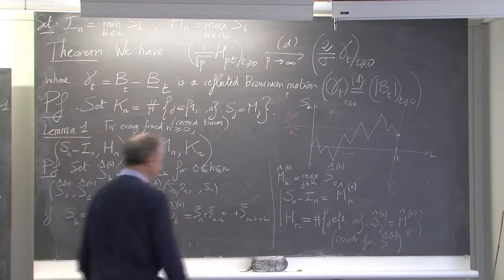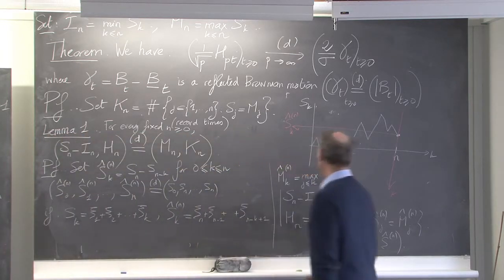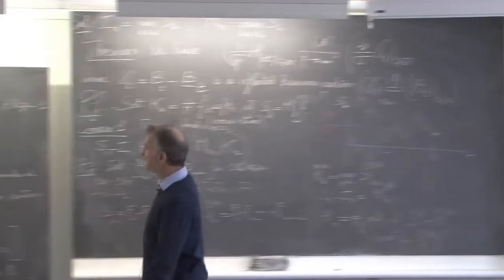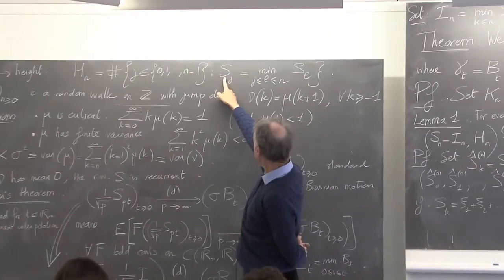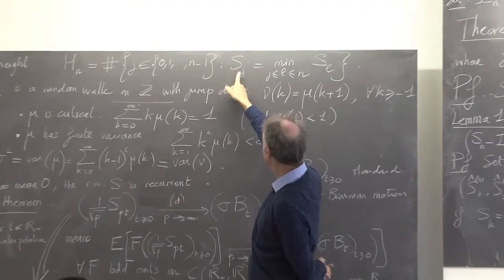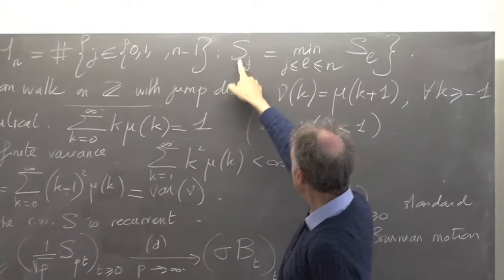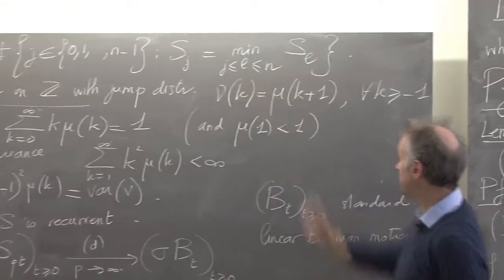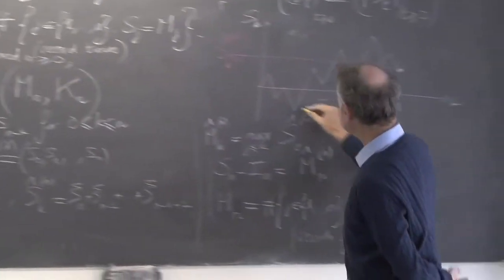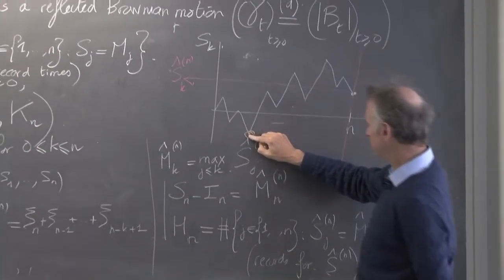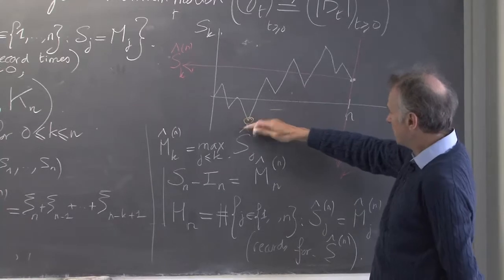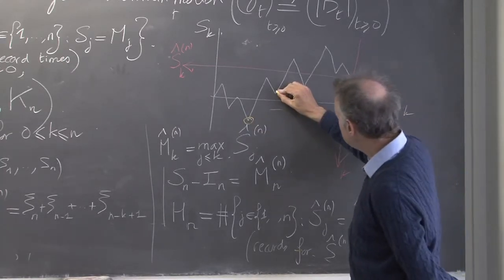So it's better to explain it on the picture. What is the definition of Hn? These are times, count times j, such that at this time the random walk is equal to its minimum between j and n. So on my picture, for instance, you will count this time. You see here you are equal in fact to the global minimum. But this time here also works.